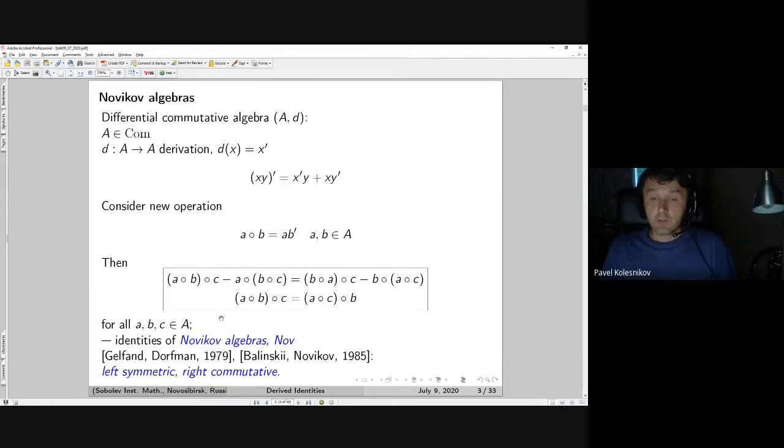These identities emerged in a paper by Gelfand and Dorfman with relation to formal calculus of variations. And also, Balinsky and Novikov introduced these algebras related to linear Poisson brackets, related to a problem of classification of linear Poisson brackets.